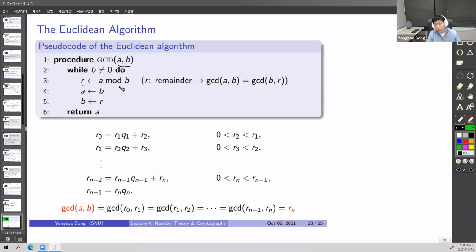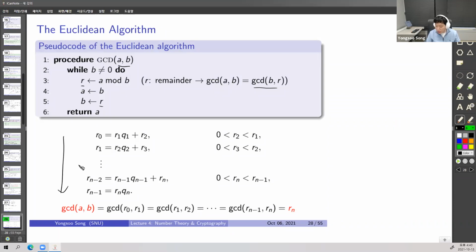R is a remainder, which is written as A mod B. And we already showed that the GCD of A and B is equal to the GCD of B and R. Now we can just forget A and focus on B and R, because now we are interested in the GCD of B and R. So we put the B value into A and the R value into B and perform another Euclidean division until the remainder becomes 0. This is a representation based on a while loop.